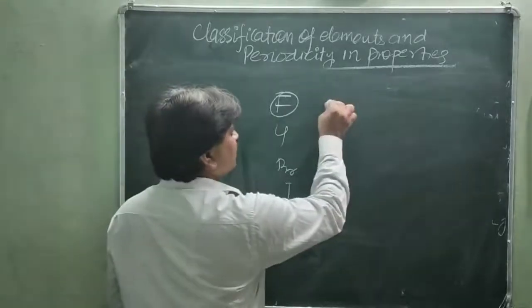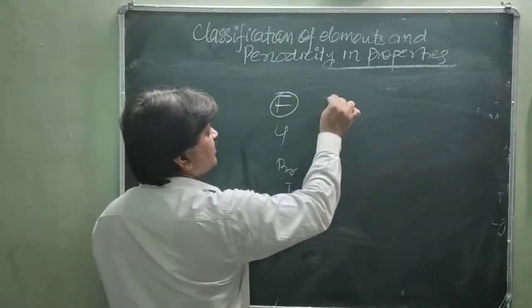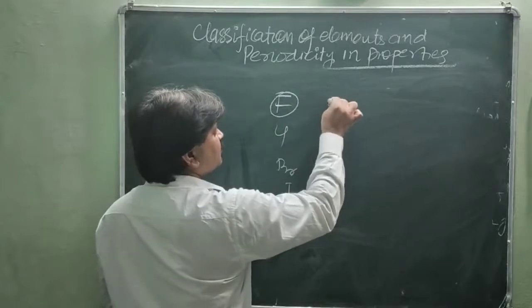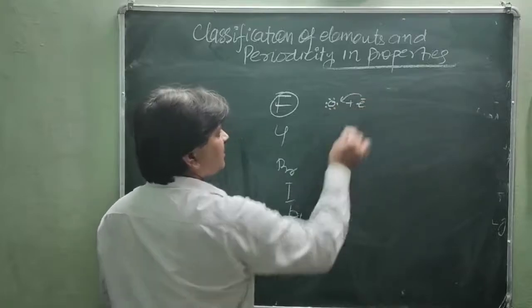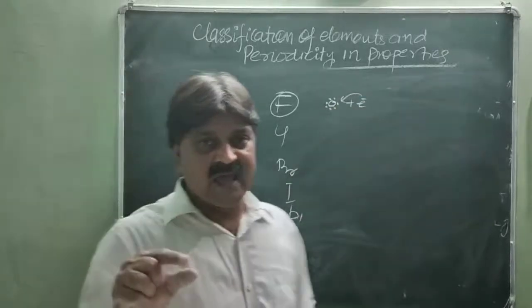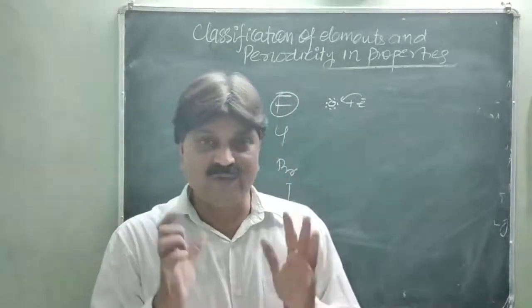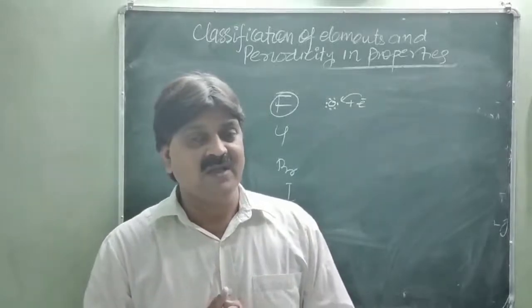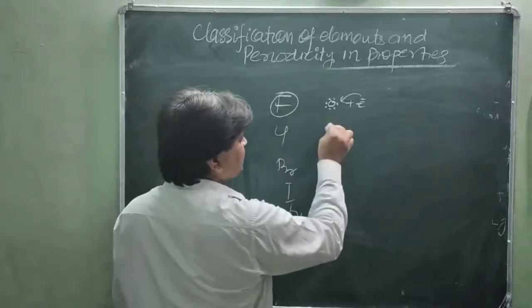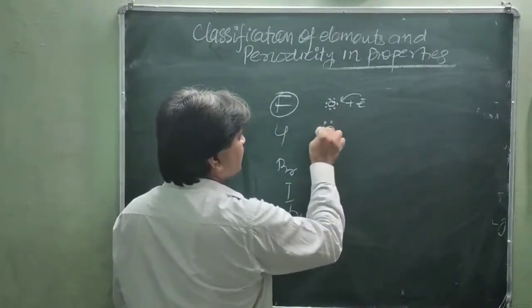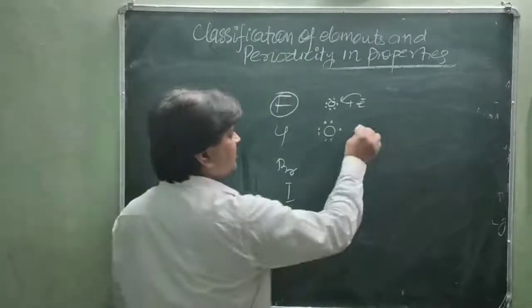But fluorine is smaller in size, with atomic number 9, and there are 7 electrons in the outermost shell, 2 and 7. Whenever you add one more electron, because of the smaller size there is already inter-electronic repulsion between the outermost shell's electrons. Although it requires one electron to achieve the stable structure, in the case of chlorine, because of the somewhat bigger size compared to fluorine, these electrons are farther away from each other with less repulsion, so it gets an electron very easily.